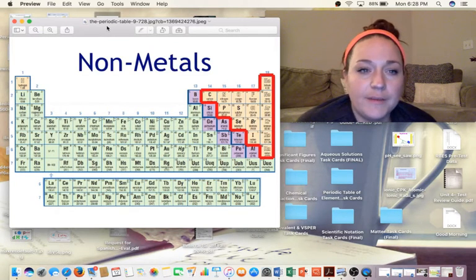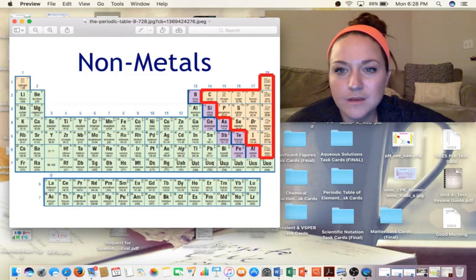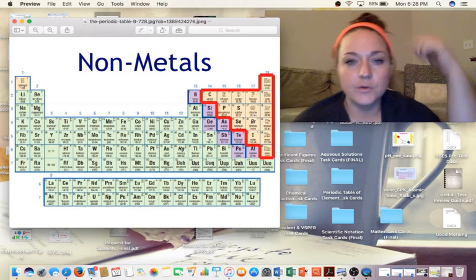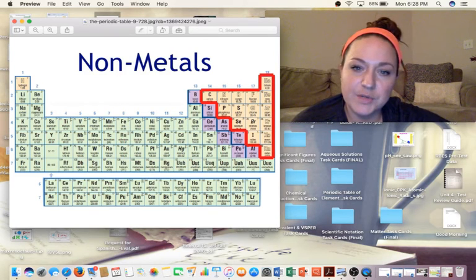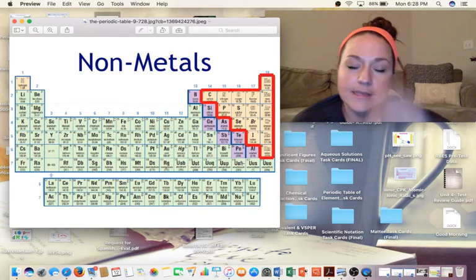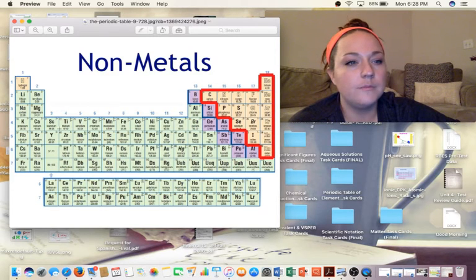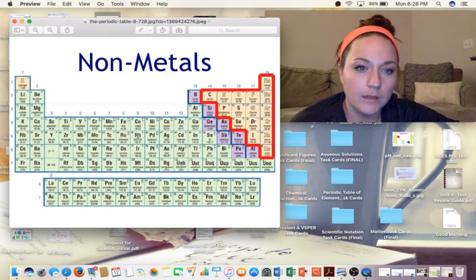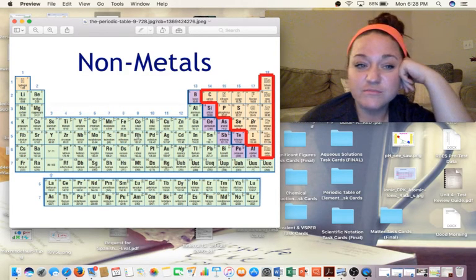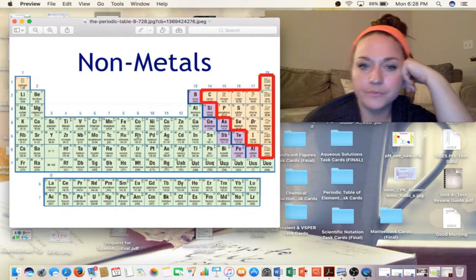On the periodic table that's in front of you right now, everything in this beautiful peachy color is going to be a nonmetal. Everything in this purple right here is a metalloid. Everything in this puke sage green, don't know why anyone would like that, puke green right there, that is going to be a metal.